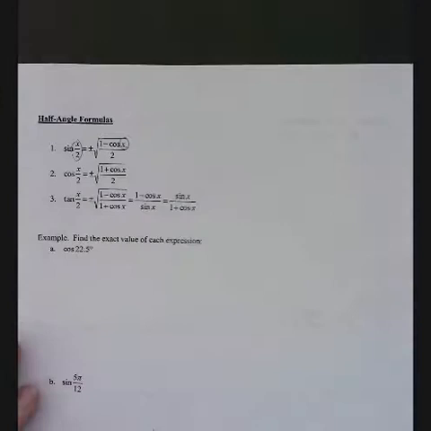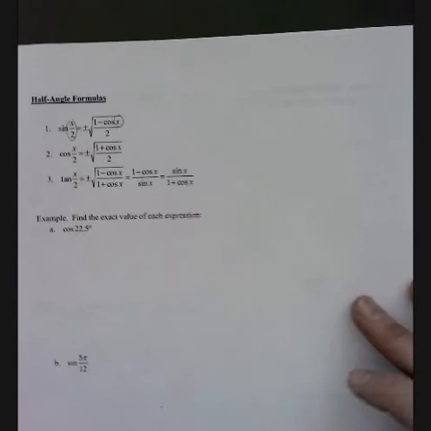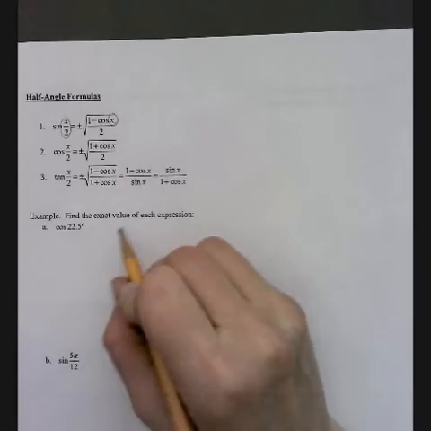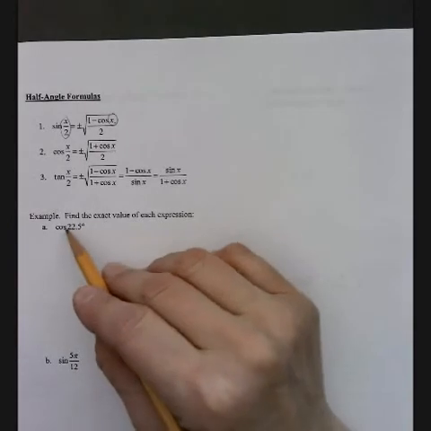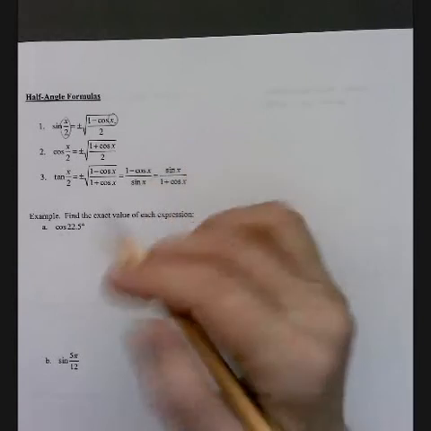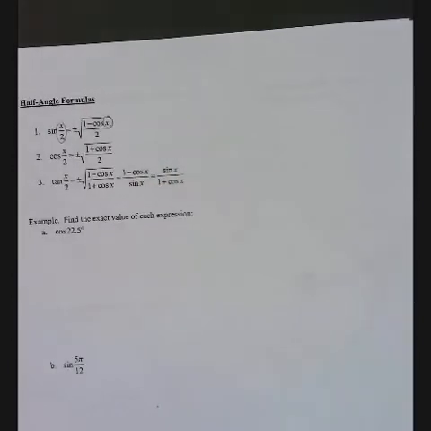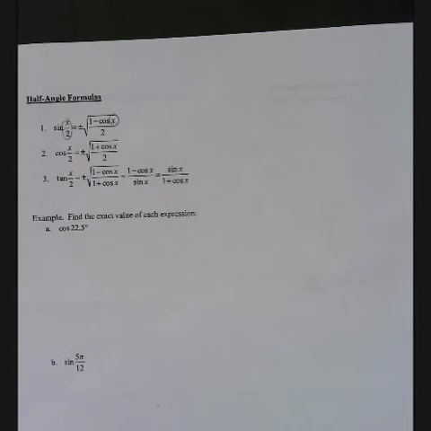Okay, so the half angle formulas, we can use these in much the same way we use the double angle formulas, and that is to find the exact value of an angle or a number that doesn't correspond to a special angle or a special number, right? It's not one of those special points on the unit circle. So in the first one, 22.5, we can see that's half of 45 degrees.